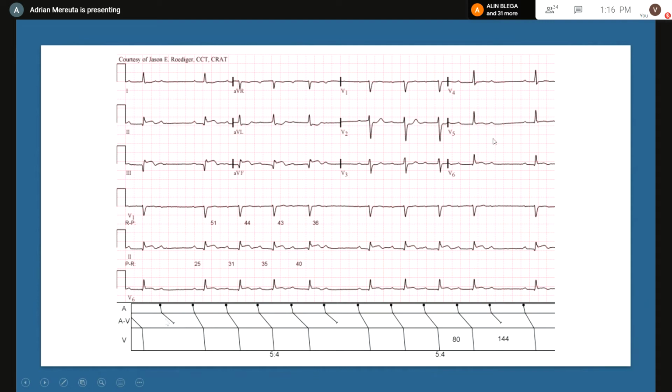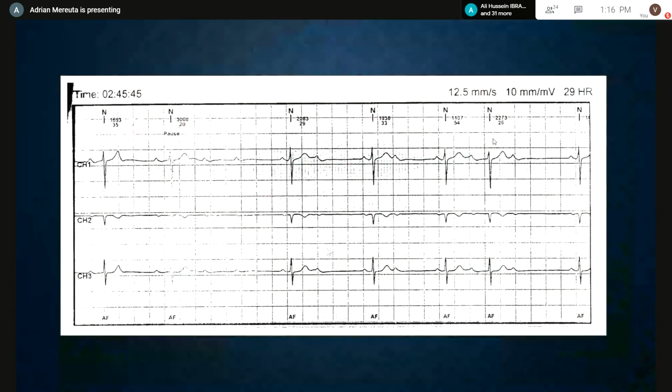V is ventricle. A P wave is not transmitted. It starts again with a short PR interval, longer, and a blocked P wave. It's the same thing.